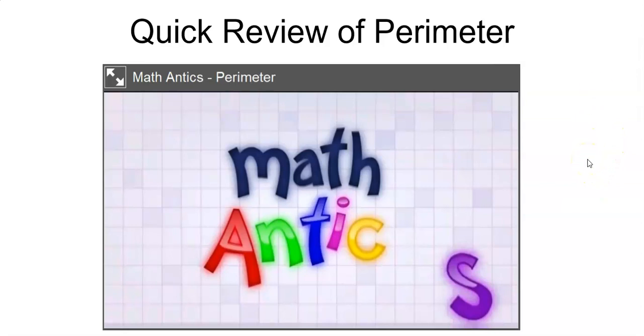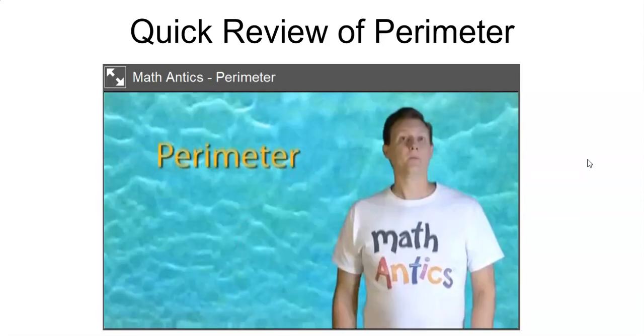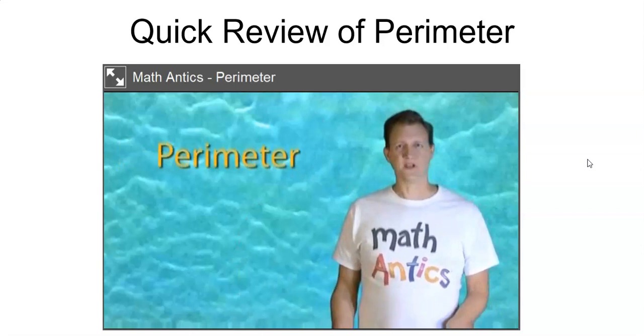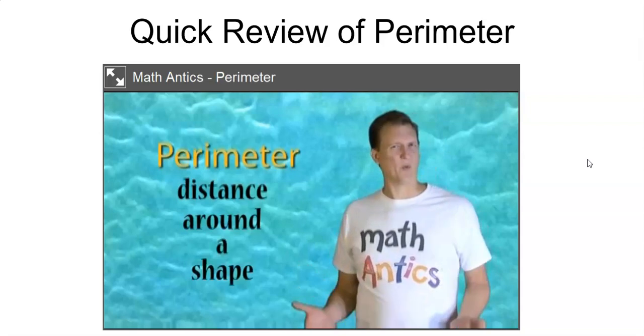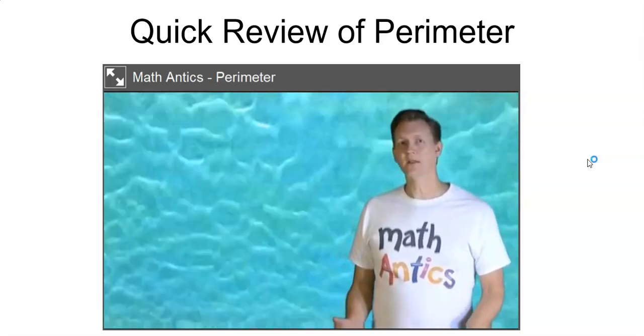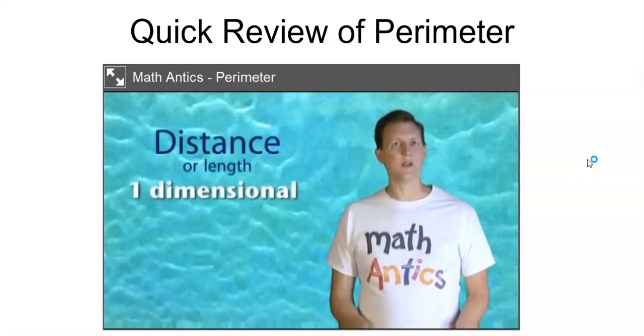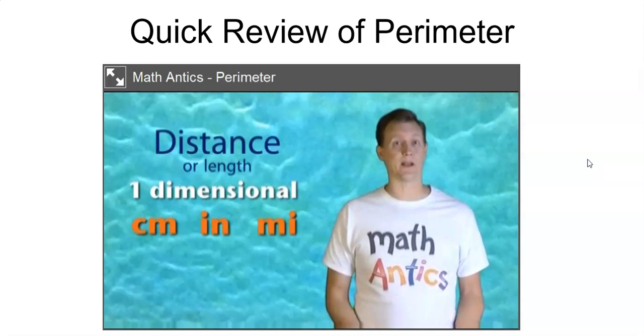Hi, welcome to Math Antics. In this lesson, we're going to learn about an important concept in geometry called perimeter. Perimeter is just a fancy math term that means the distance or length around a shape. But what exactly does the distance around a shape mean? Well, distance or length is a one-dimensional quantity that we can measure with units like centimeters, inches, or miles.